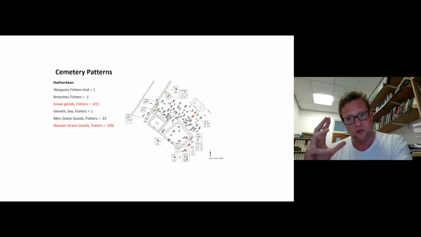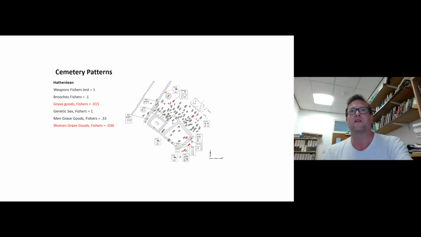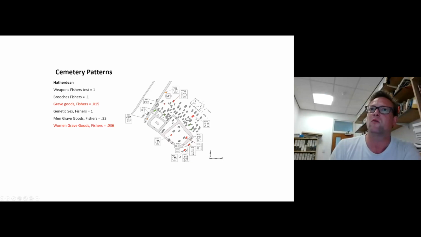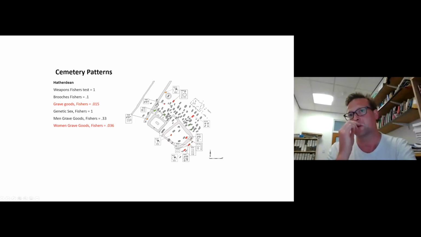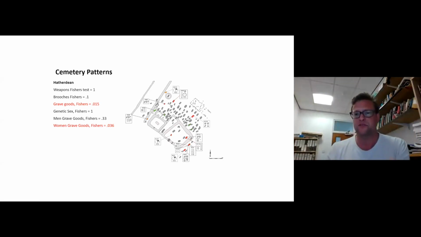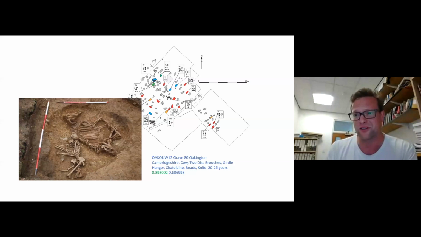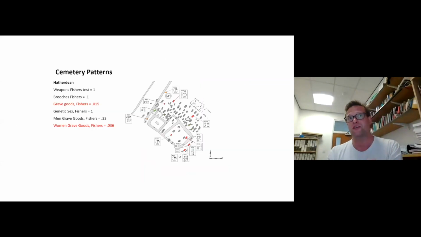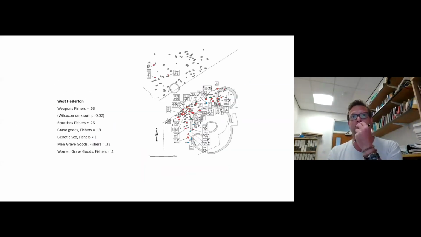It appears that quite a lot of this statistics is being driven by Hatherdene. Here in green, we have our Western British Irish individuals who are not buried with very many artifacts, whereas in red, we have artifact burials who are also continental Northern European. So perhaps where we have integration at some sites like Oakington, we have separation at other sites like Hatherdene.